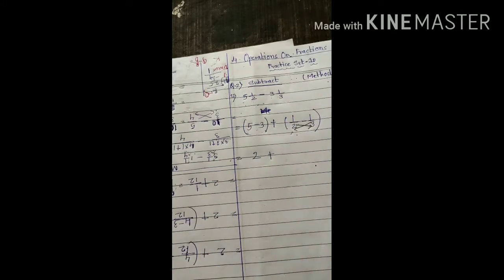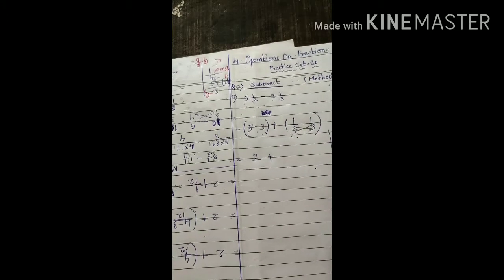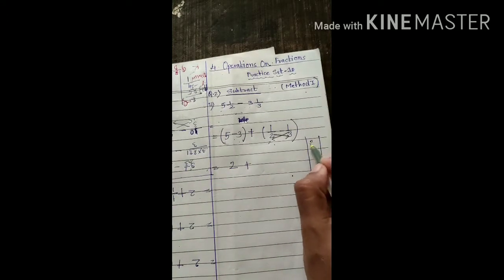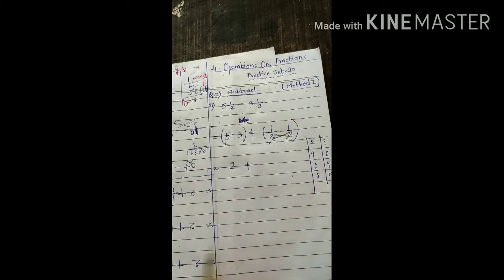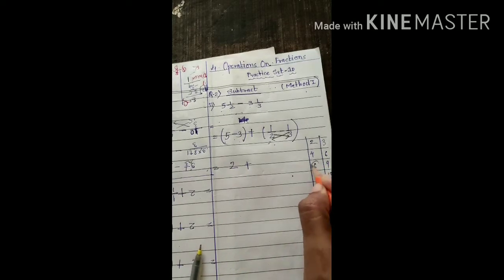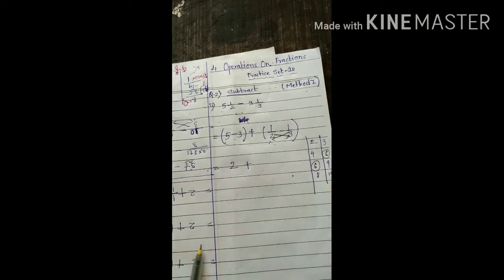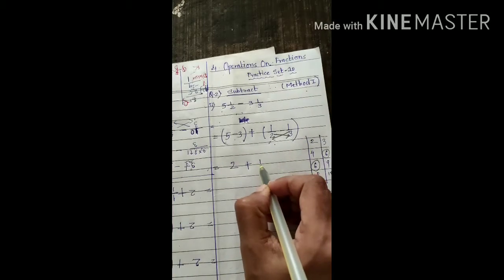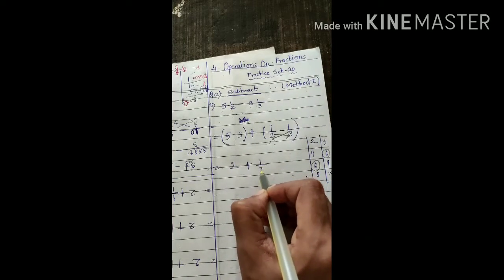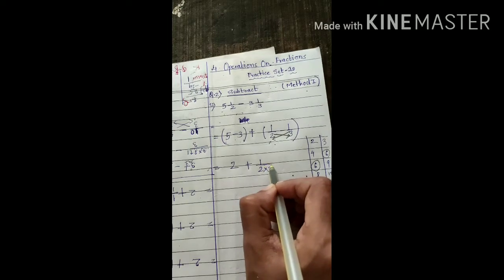If you want, write the tables of 2 and 3. So here also 6, here also 6. So your LCM of 2 and 3 is 6. 1 upon 2, you multiply the denominator by 3, then you have to multiply the numerator also by 3.